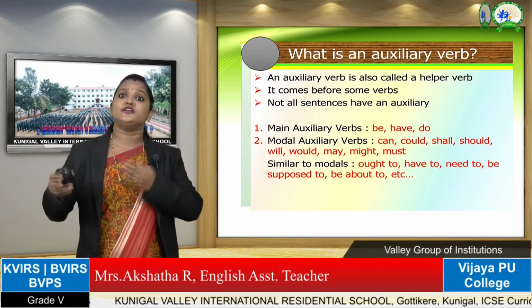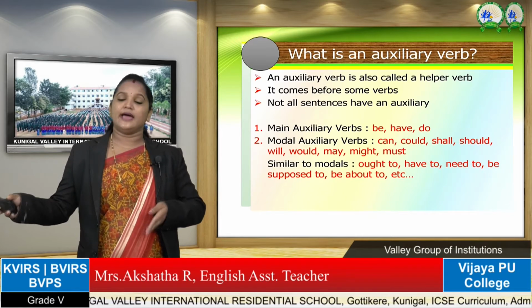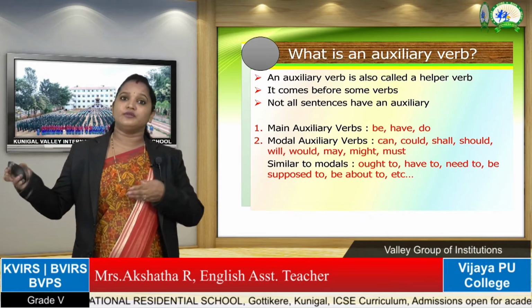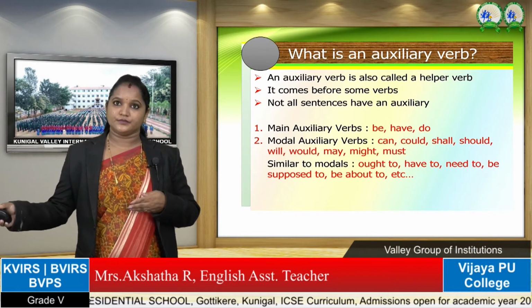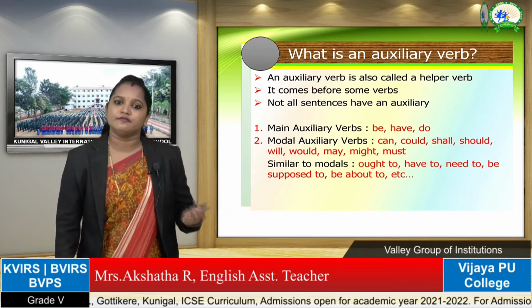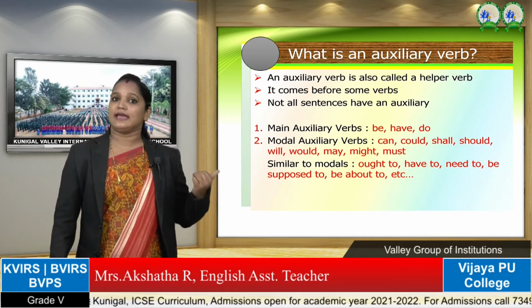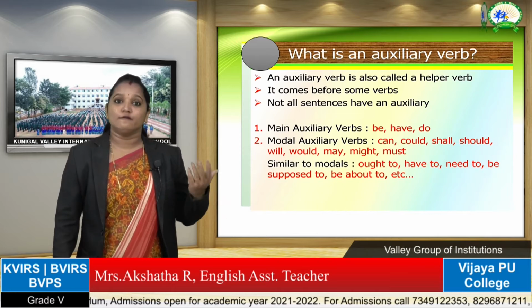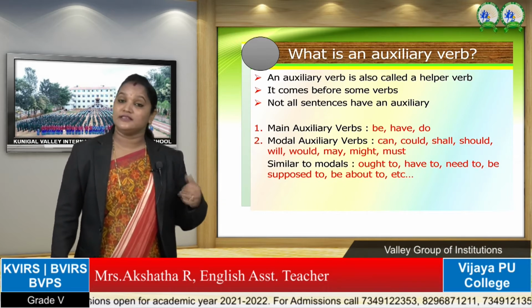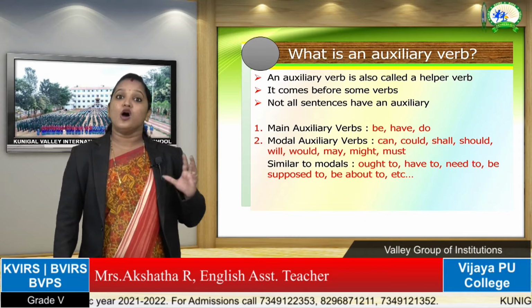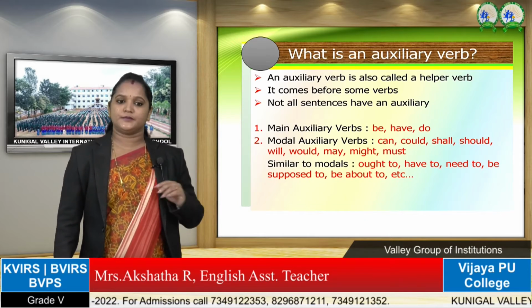They are divided into two: one is the be form of the verbs and the other one is modals. What are modal auxiliary verbs? The words like can, could, shall, should, will, would, may, might, must. They are called modal auxiliary verbs.